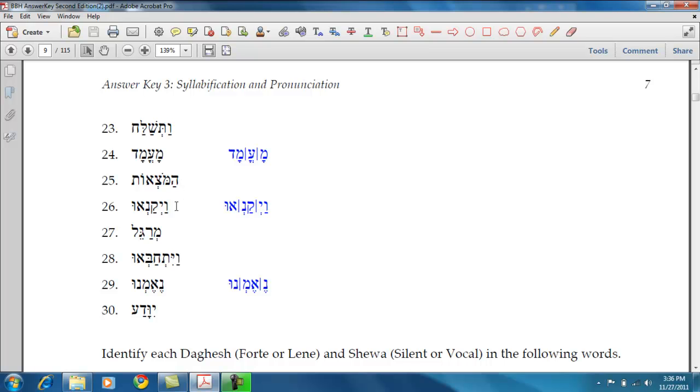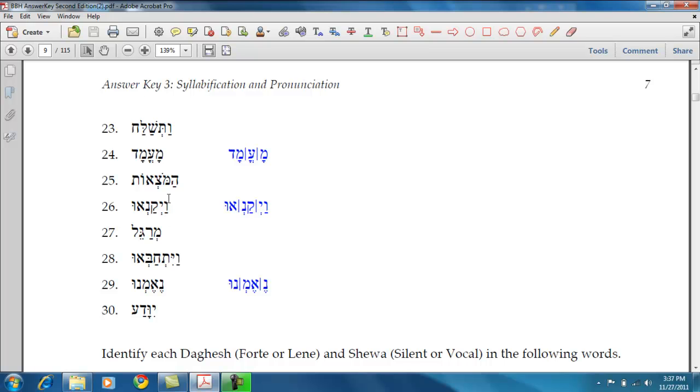Number 26 we have here is vai kanu. So we have basically what you haven't studied yet. This is actually a conjunction. This is a vav, patach, yod, and shva. It breaks right here at this syllable because this is closing, this is a non-vocal shva.